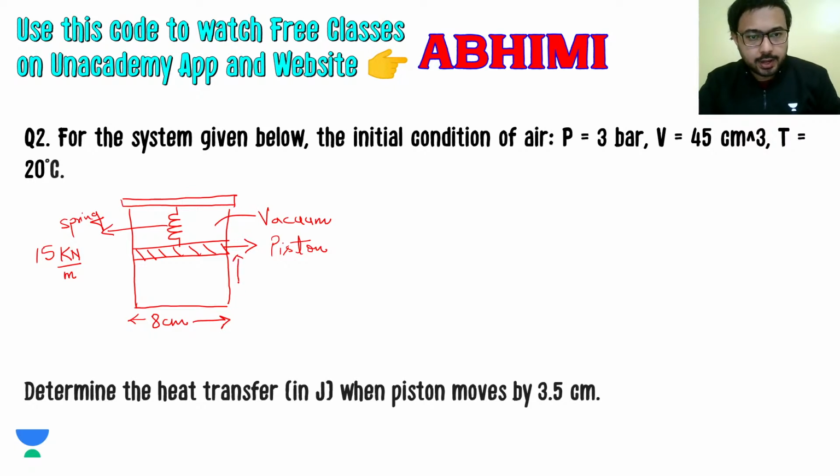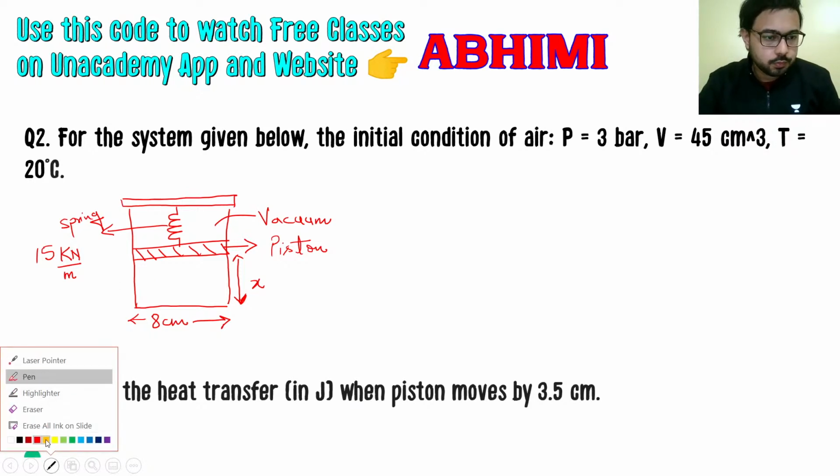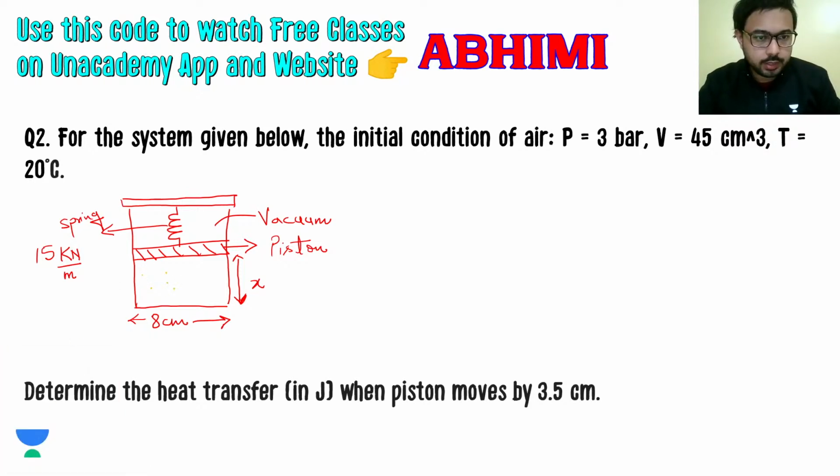This, let's take it as x, is the initial height at which this piston is, and you are providing heat to this system. So this will be your air inside, and you are providing heat to it.